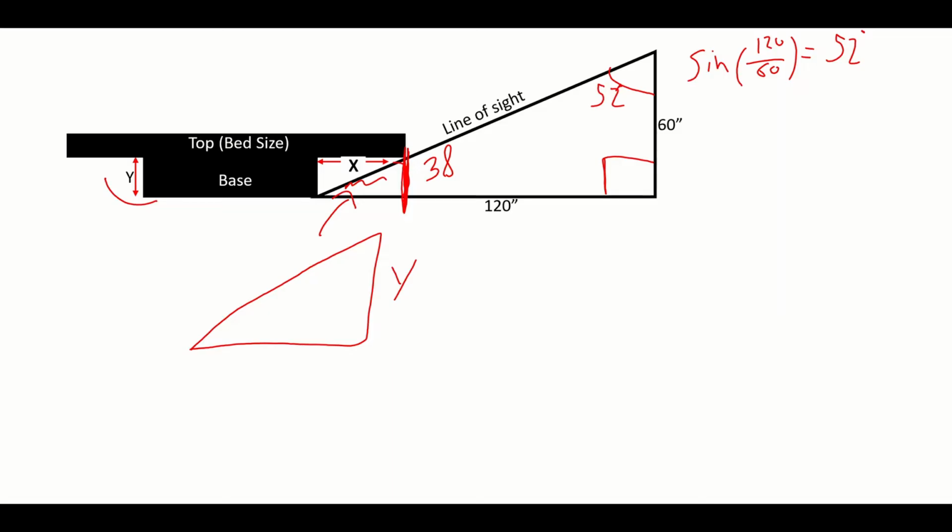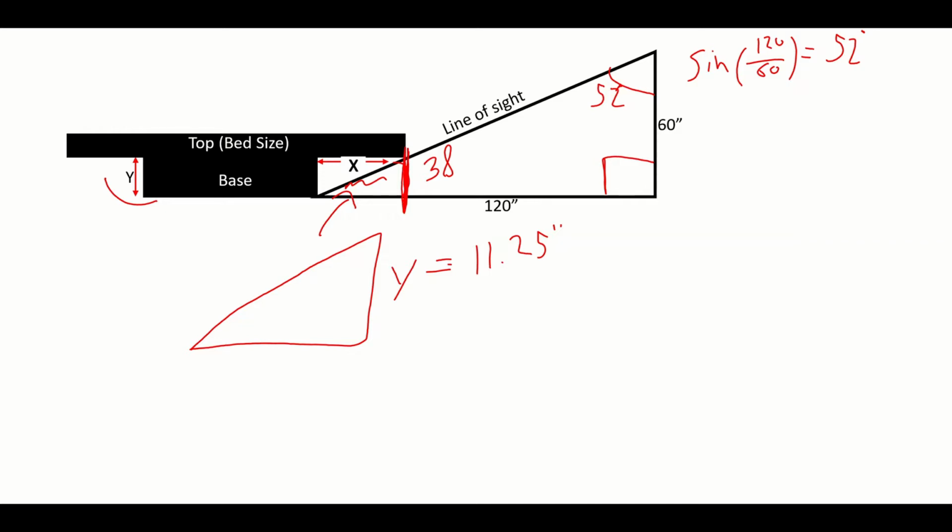So again, for my Y, I'm going to use 2 by 12s, which is approximately 11 1/4 inches, 11.25 inches tall.